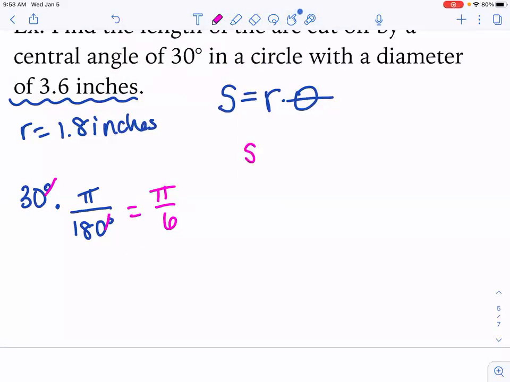Okay, so now our arc length is our radius 1.8 times our angle in radian measure, pi over 6. Okay, guess what? I will allow you to use your calculator on this. Grayson, you found the pi button. Could you please take 1.8 times pi divided by 6?